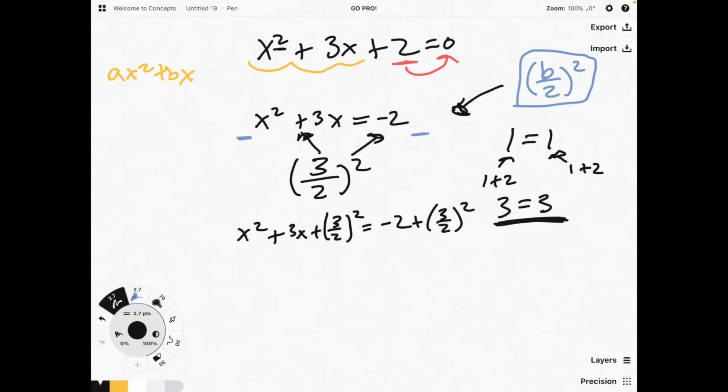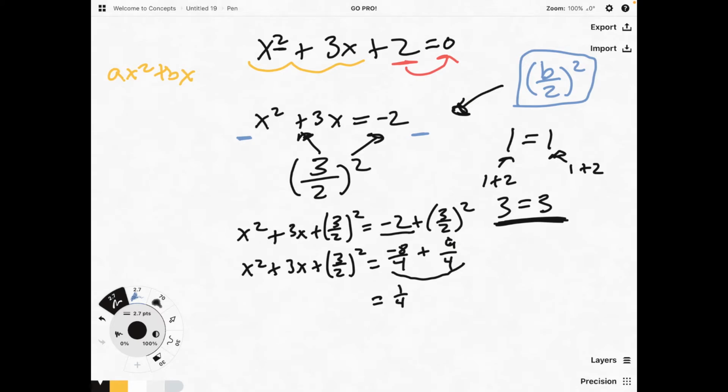So if we simplify the right side, we're going to be left on the left side with x squared plus 3x plus 3 over 2 squared equals, this is 9 over 4 plus, and if we want this term to have the same denominator, then we need to multiply it by 4 over 4, so that's going to be negative 8 over 4, and we add these together. Negative 8 plus 9 is equal to a positive 1 over 4.